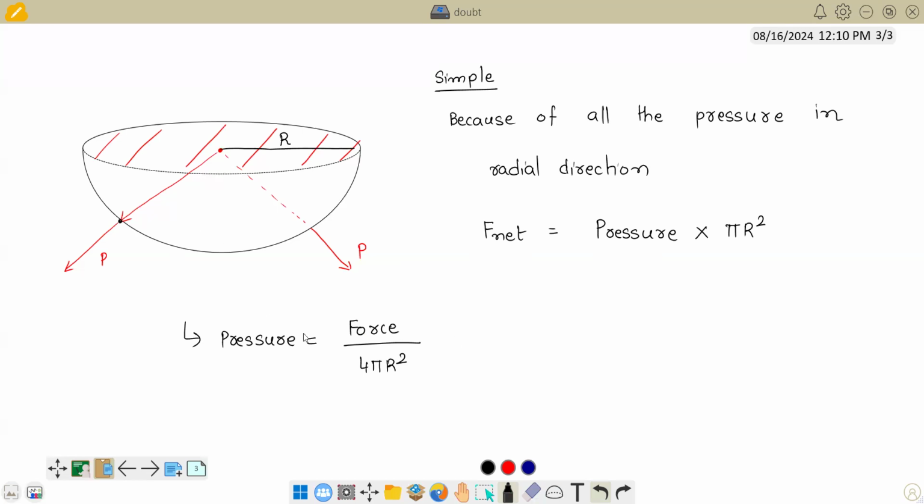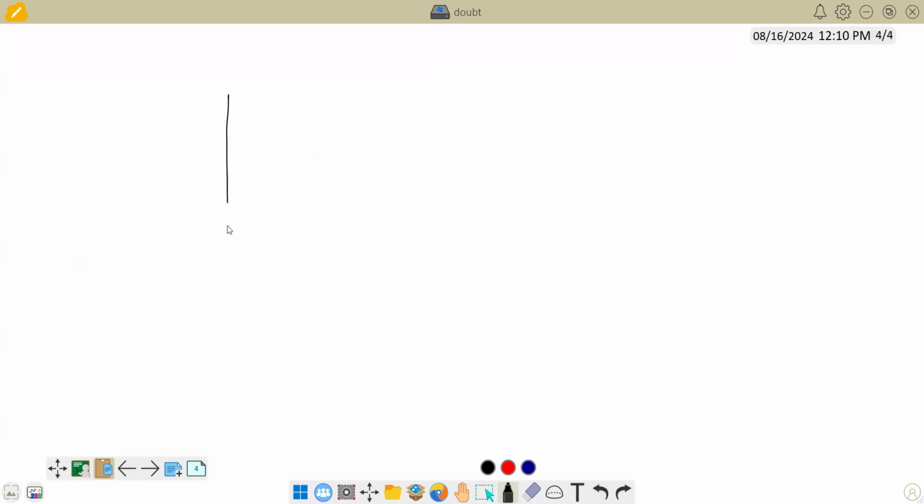So let us find what would be the force at a location. Suppose this is the surface and imagine a single photon traveling with a speed c. It hits the surface and bounces back with the same speed c.